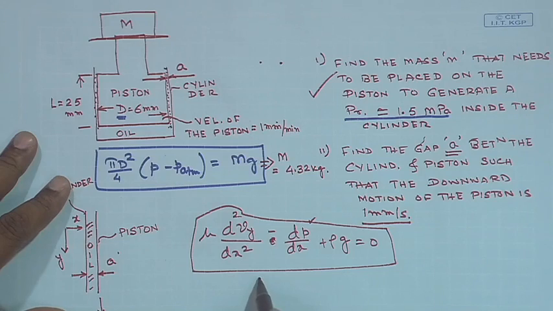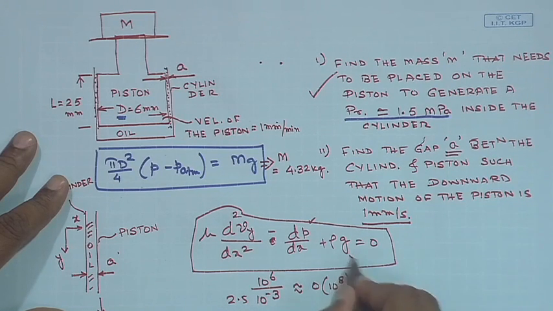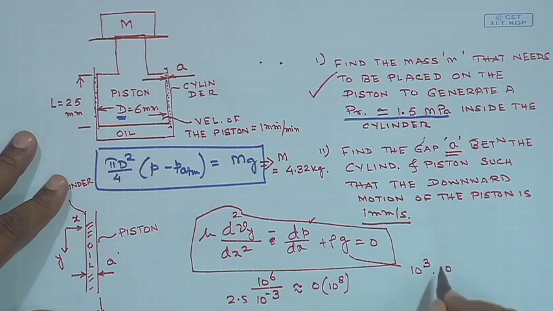So, it is 2.5 into 10 to the power minus 3. So, roughly this dp dx term is going to be of the order of 10 to the power 8, whereas this rho g is of the order of 10 to the power 3 for rho and 10 for g.